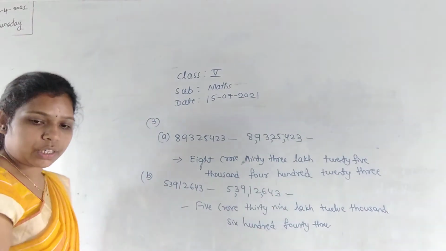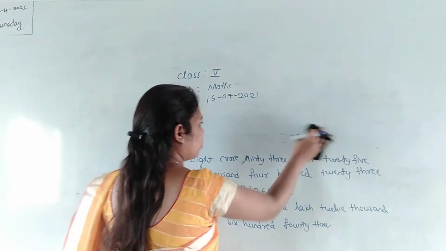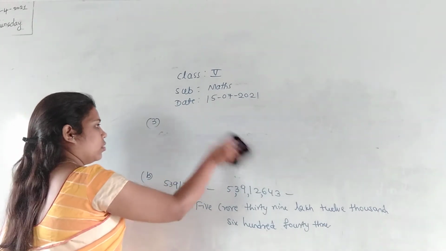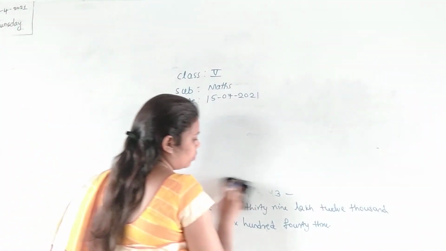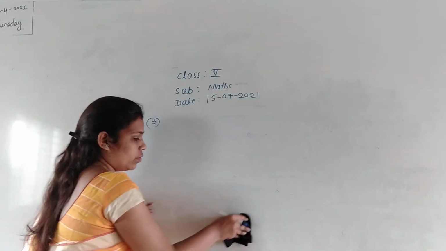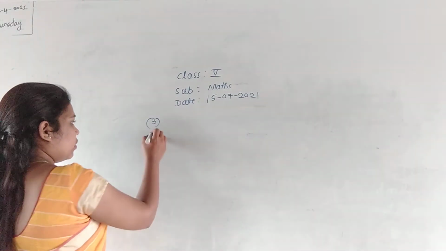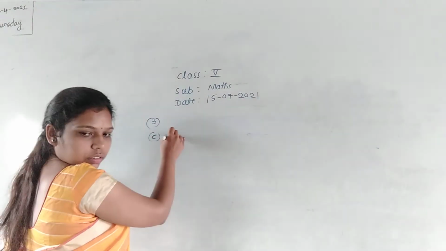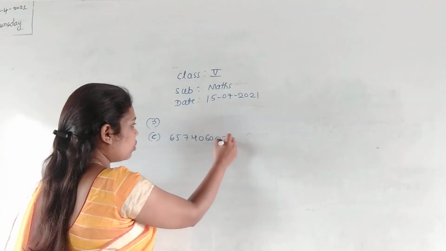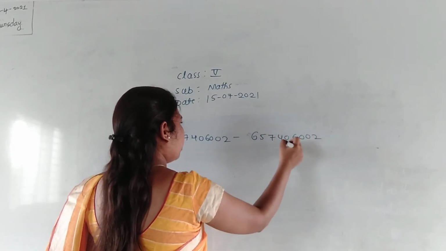So next, another 2 numbers are there. That is C1. 6 5 7 4 0 6 0 2.